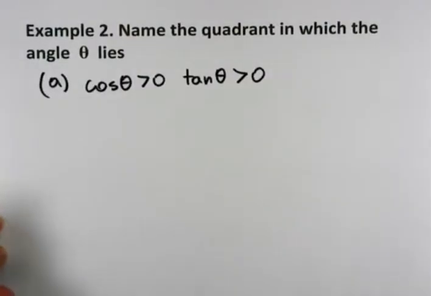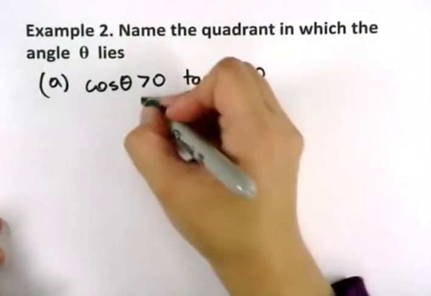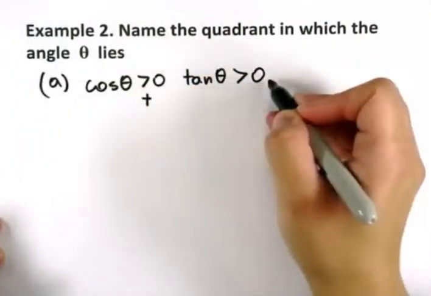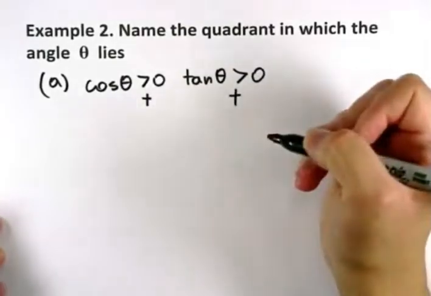Okay, so cosine greater than 0 means cosine is positive, and tangent greater than 0 means tangent is positive.